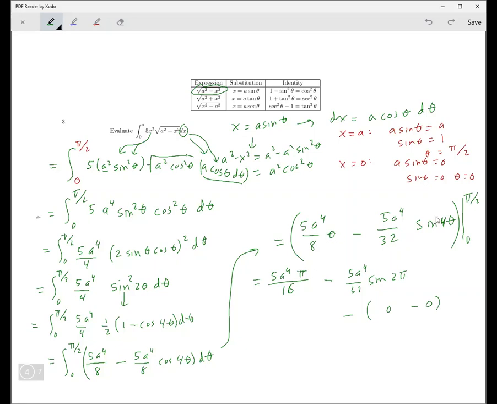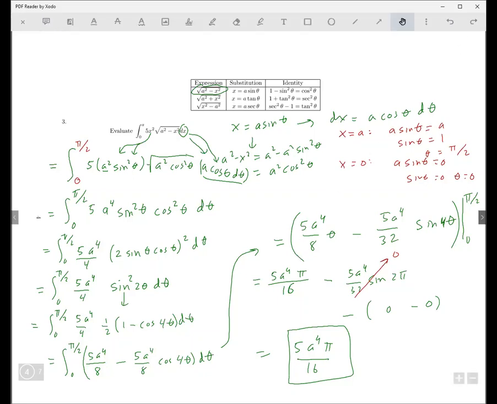If I plug zeros in here and here, I'm just going to get 0. So sine 0 is 0, and plugging that in is going to give me a 0. Also, this is going to be 0. Okay, so the answer is just going to be this part: 5a to the 4th pi over 16. Okay, great. Any questions on that, or do you want to go to the next exercise?